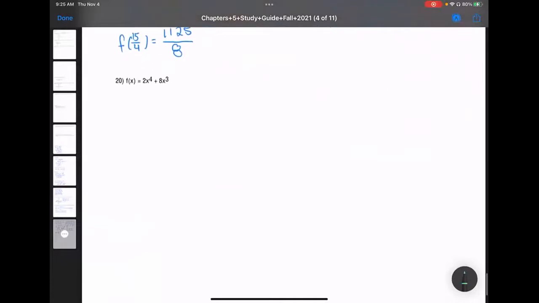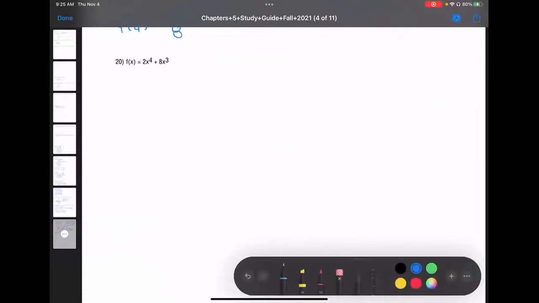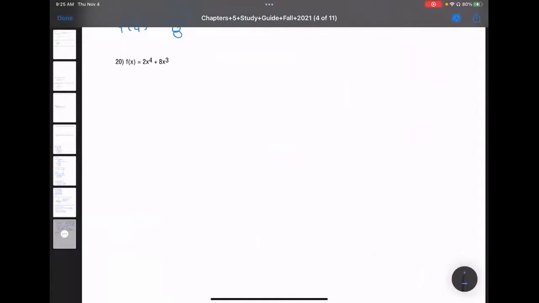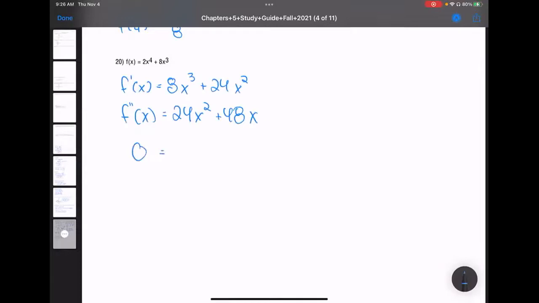Okay, so for the last problem here, we're going to do the same method again of getting the second derivative. Okay, I'm just gonna work through this quickly. Okay, so now we set the equation equal to 0.